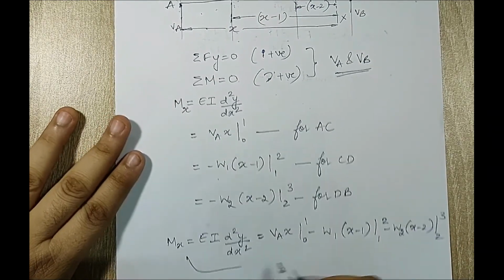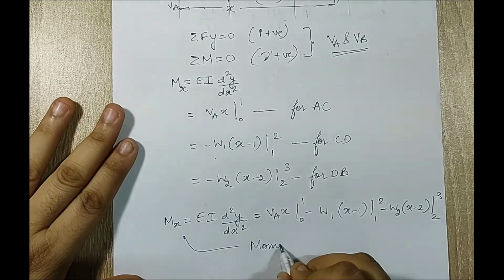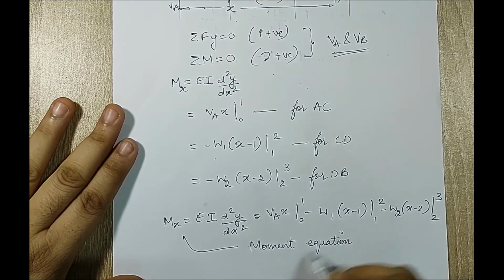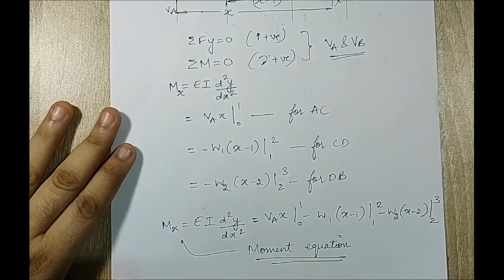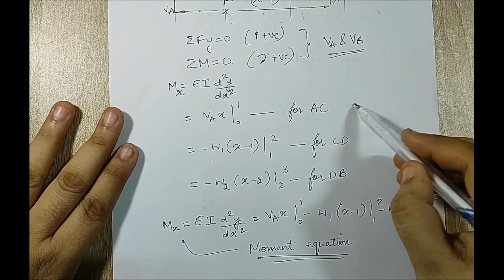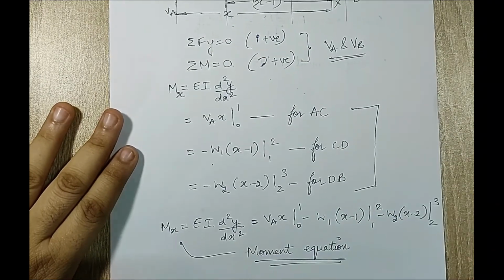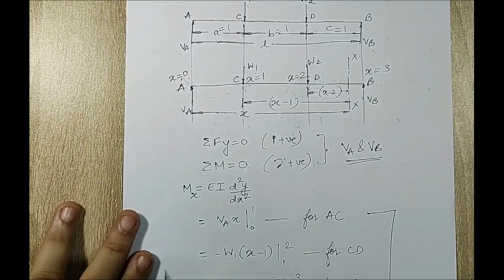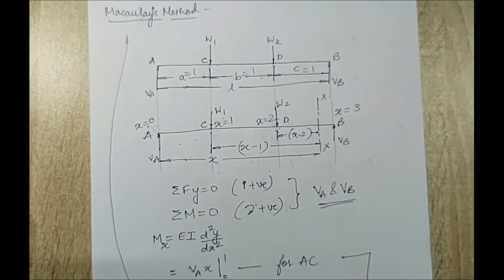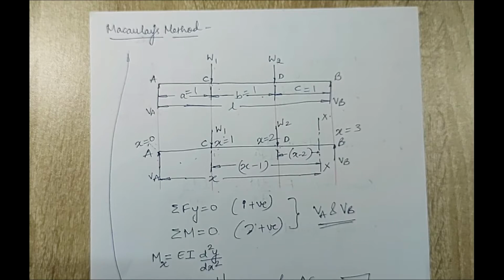So this equation is called the moment equation, and this equation is the first part of solving this problem. The way I have solved over here by dividing the beam into three parts, this is what Macaulay's method is. This is what you will find unique to Macaulay's method.